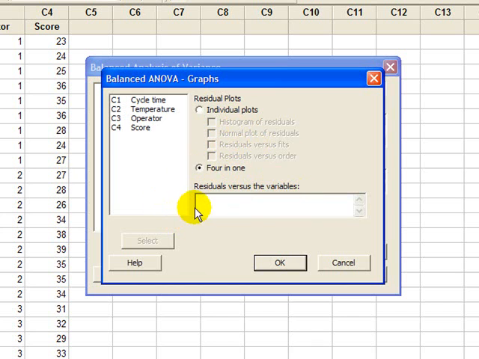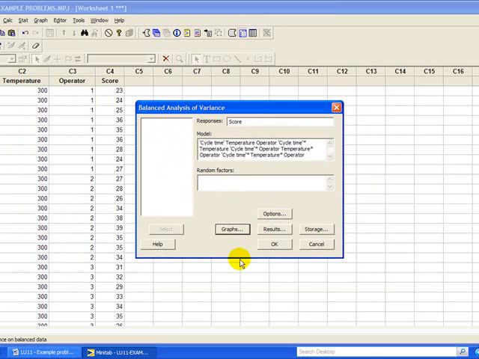And also I want to see the graphs of residuals against the factors as usual, right? So residuals against cycle time I want to see. I also want to see residuals against the temperature and residuals against operator, right? So I'm going to click OK, and now we are ready to run this model, right?